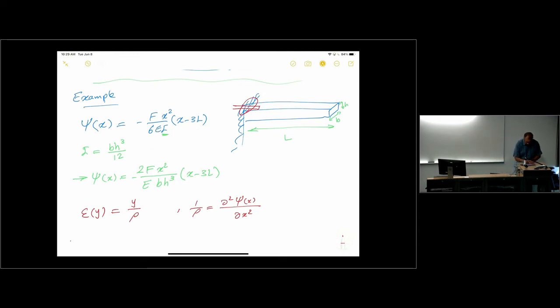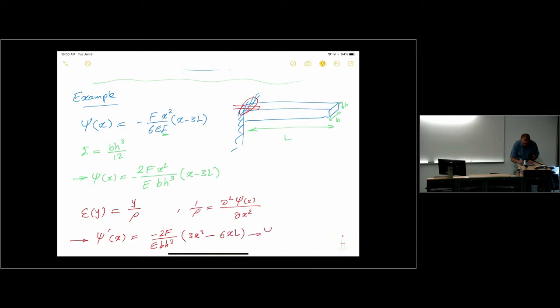So the first thing I do is calculate the second derivative of psi of x. The first derivative, psi prime of x, is going to be minus 2F, let's just write it like this, over EBH cubed times 3x squared minus 6xL.